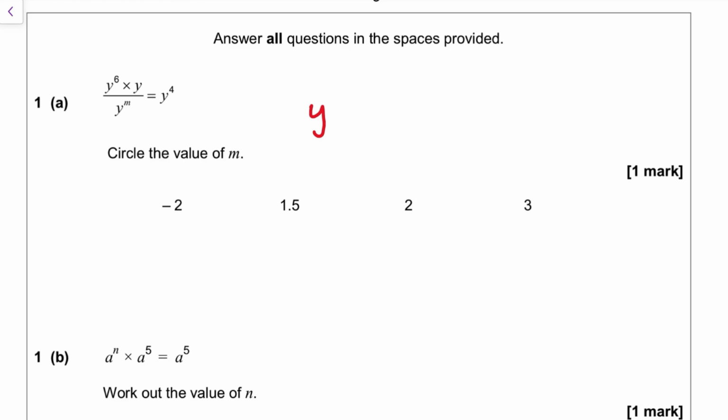So for example, this is an index rule, so y to the 6 times y to the 1 means add, divided by y to the m means take away m, and that all is equal to y to the 4, which means 6 plus 1, which is 7, minus m is equal to 4, so m must be equal to 3. And that is the first question done.